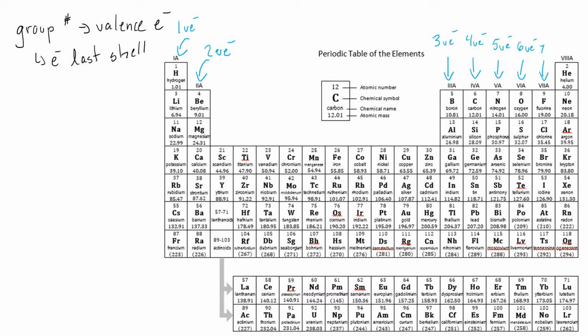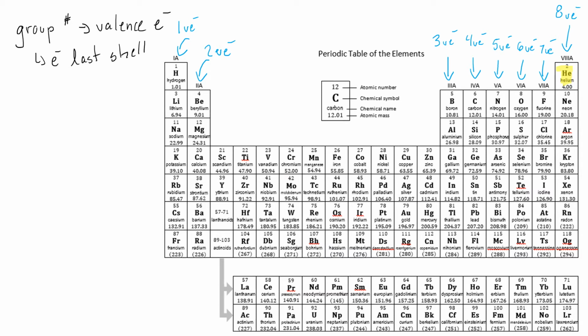Group 7 with 7 valence electrons. And group 8 with 8 valence electrons, and helium being our exception. But we'll talk about helium a little bit later. So the key thing that I need to remember is that my groups represent my number of valence electrons, and my valence electrons are the electrons on our last shell.